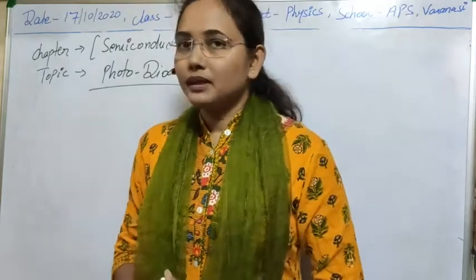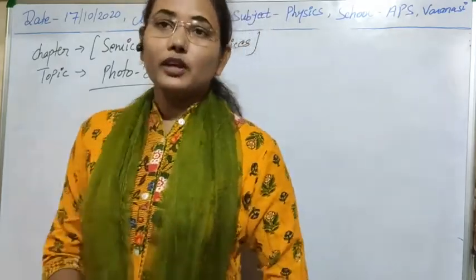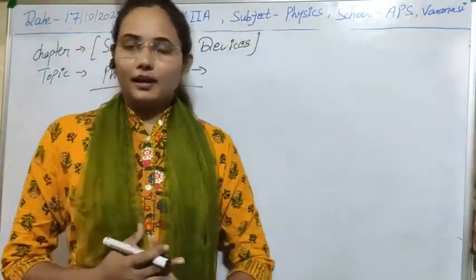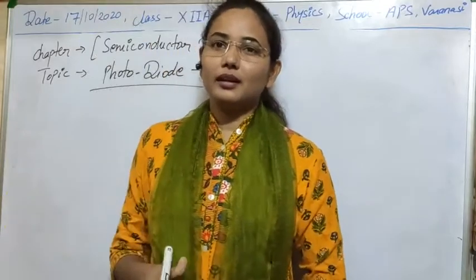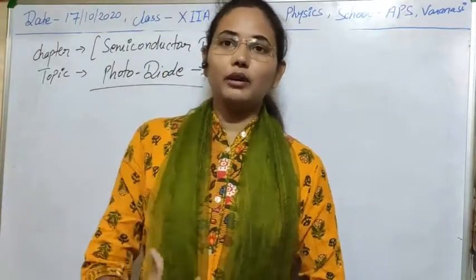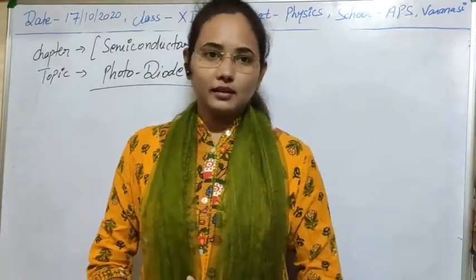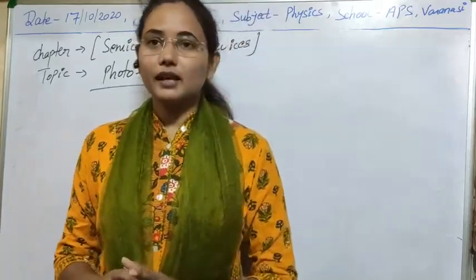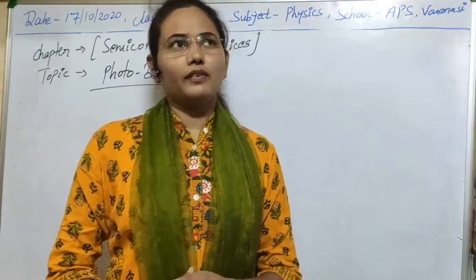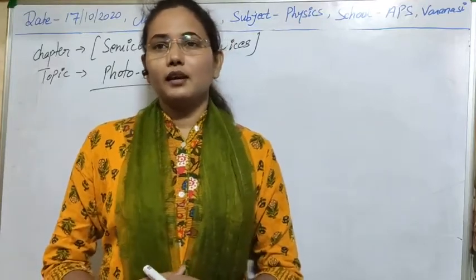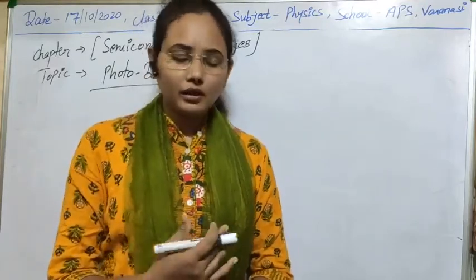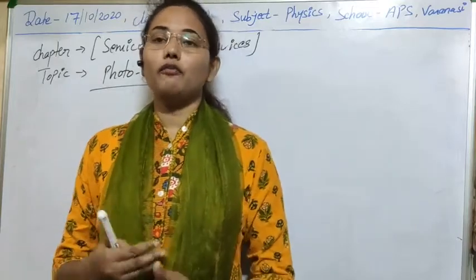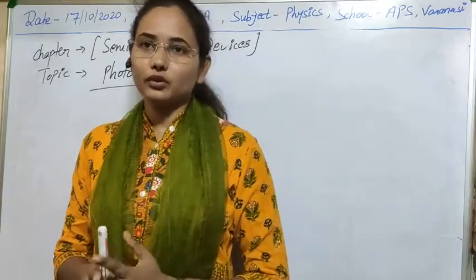So the next topic is photodiode. What is a photodiode? Before telling you about photodiode, I want to remind you about the photocell, as I told you in the chapter of dual nature of radiation, where we can use the law of photoelectric emission to make photocells.